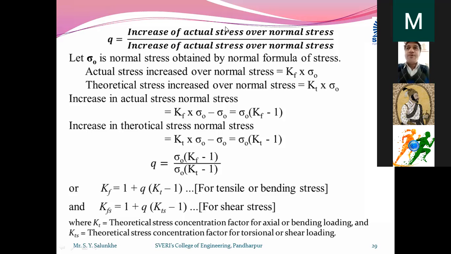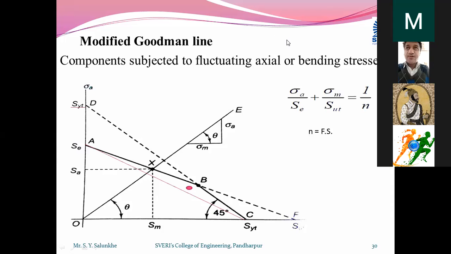Okay. Thank you. Now this is important: theoretical stress concentration factor, actual stress concentration factor, notch sensitivity, and endurance limit. These all quantities are correlated with each other, and one is derived from the other, and one is actually calculated by conducting experimentation, right?